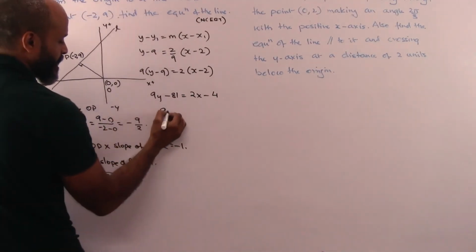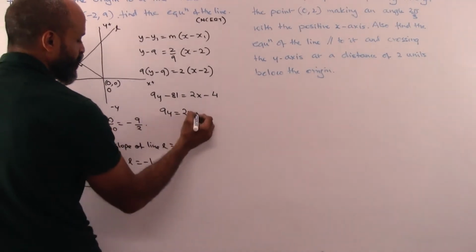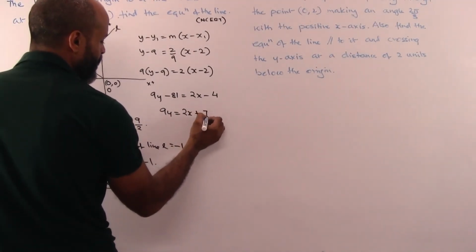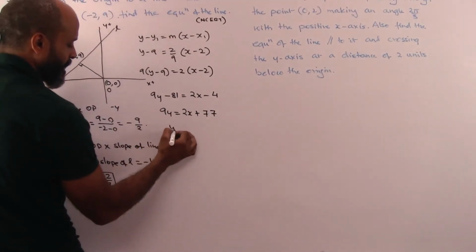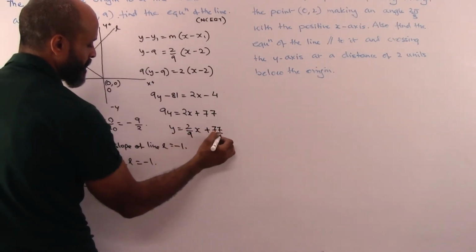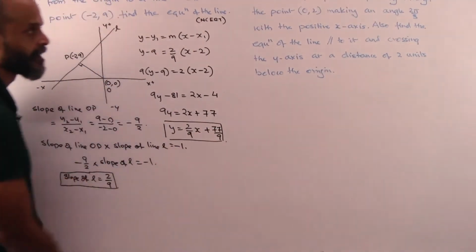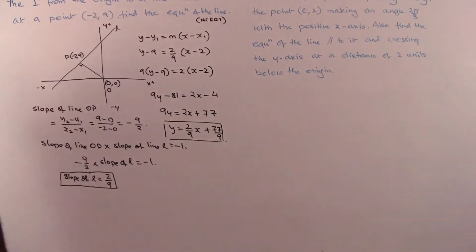We can say that 9y is equal to 2x minus 4 plus 81, so that will be plus 77. So here y can be written as 2 by 9 x plus 77 by 9. This will be the equation of the line.